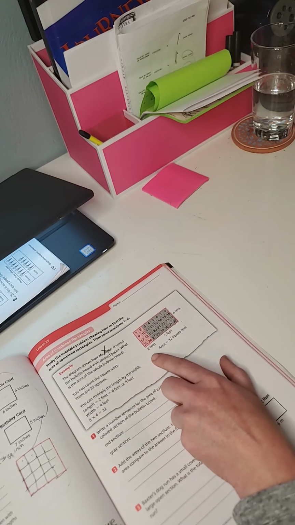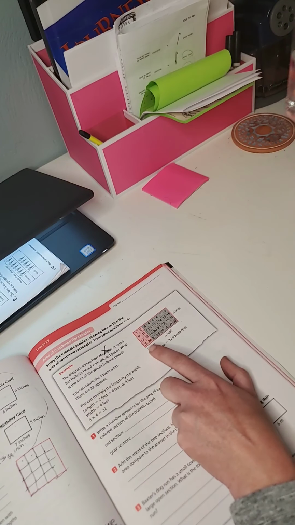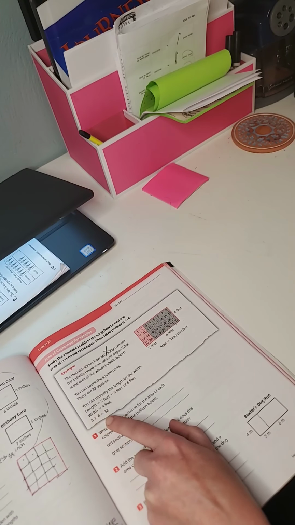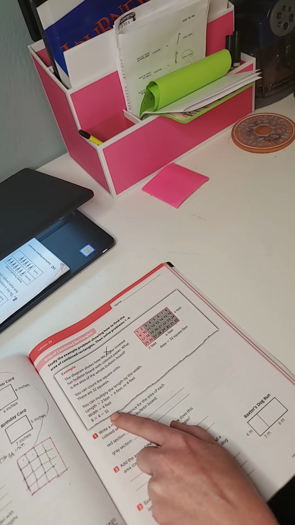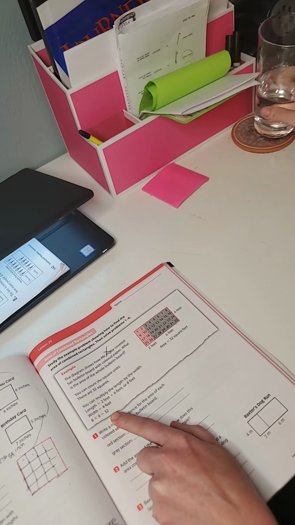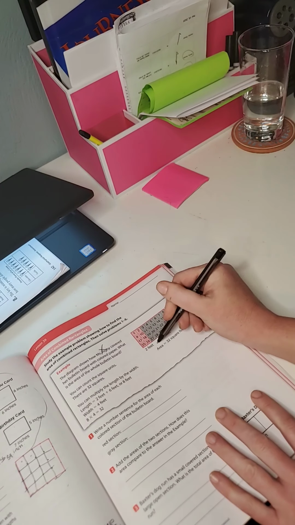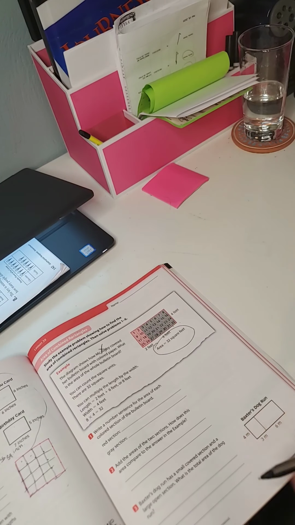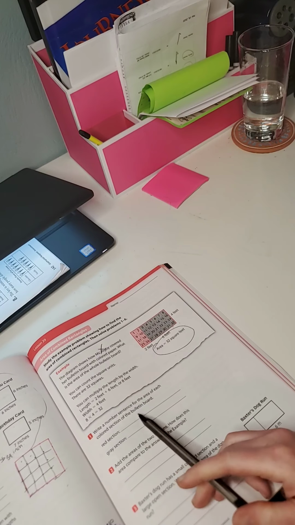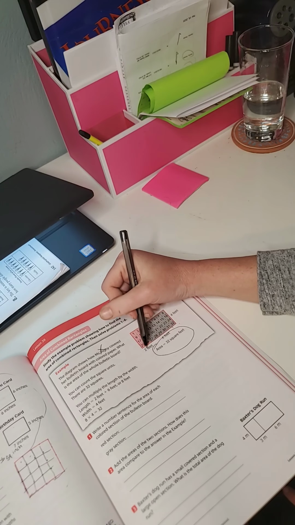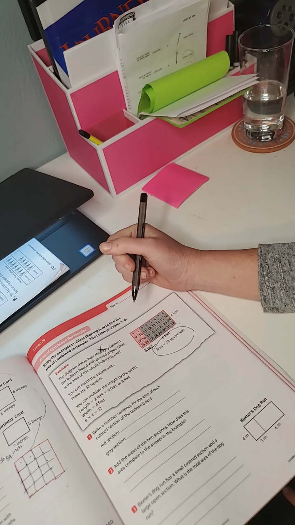So you multiply 2 plus 6, which is 8 times 4. 8 times 4 is 32. We'll say square feet. They did that here. Area is 32 square feet. Write the number sentence for the area of each colored section of the bulletin board. So the red section looks like the length here is 2.